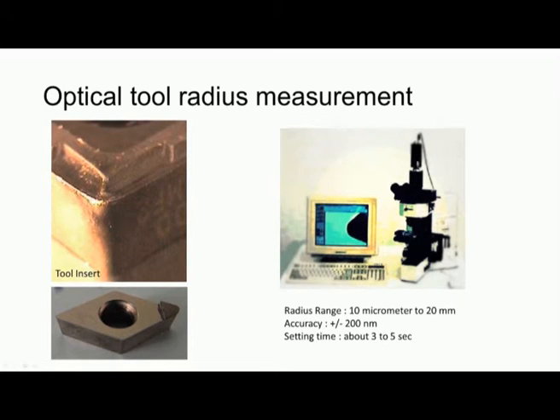Or we can put a camera here and then have an amplified image on the monitor, and using the software we can measure the diameter or the radius of the tool nose. You can see here we have a carbide tip tool with some radius. So, using an optical microscope like this we can measure the radius on the tool insert.